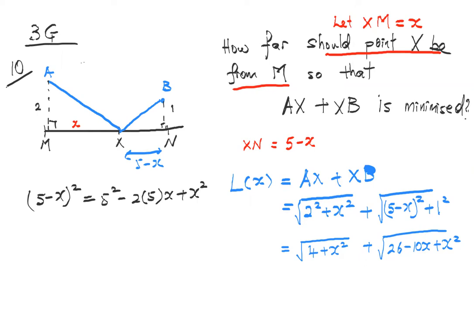You can expand at the side. So you get 25 minus 10x plus x squared. So 25 plus 1, 26. Because if you expand inside here, after that you have to write everything all over again, and you waste a lot of your time writing. Are you okay? So now, please differentiate.